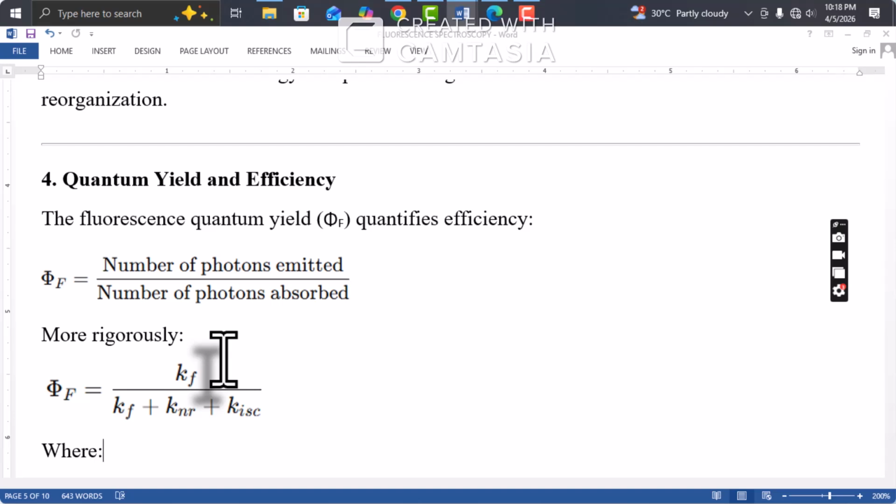So what we are looking at is the efficiency of the process. If you are putting in so many photons to get very little photon emitted, then your process is not efficient.